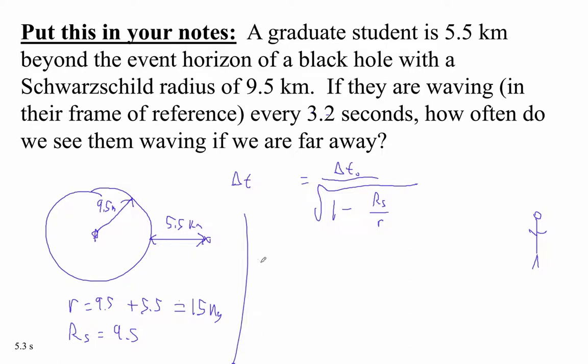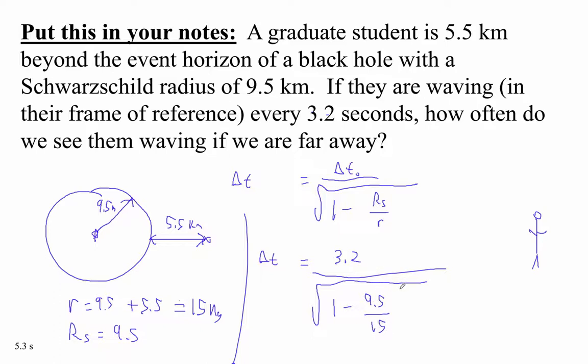So we can now plug our numbers in here. Our time that we see them waving is the time that they are waving in their frame of reference over the square root of 1 minus 9.5 over 15. This is higher math. This requires the use of a calculator.